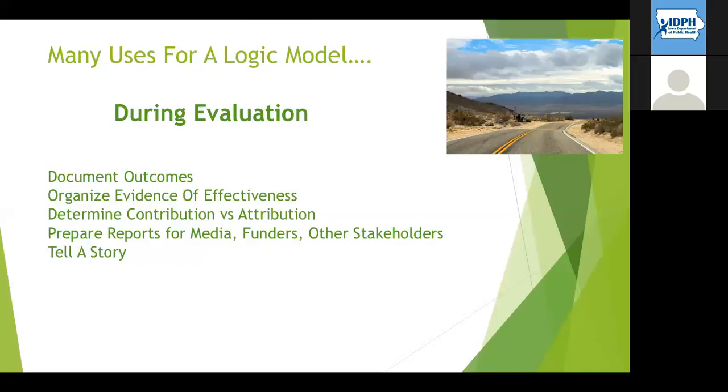That's attribution. We can't do that when we're looking at community level change. We also can't do that when we're working in the context of schools or other environments. So for example, if we're doing an underage drinking prevention initiative and we see that law enforcement loses all their funding and they don't have controls, then we're not going to see the outcomes, because we're operating in the context of a community and there are factors that we can't control.